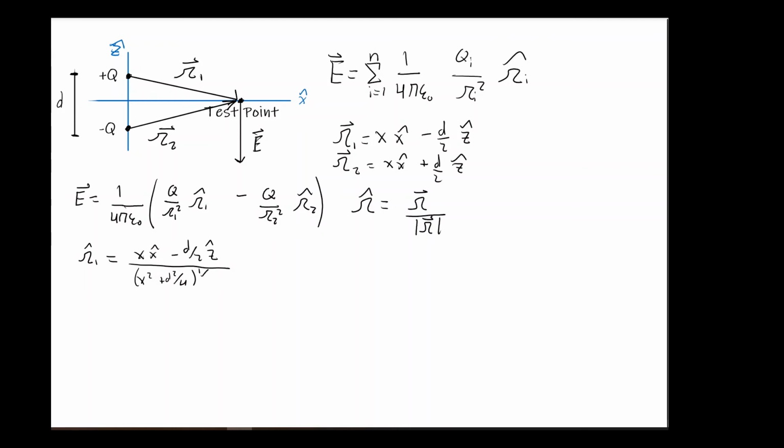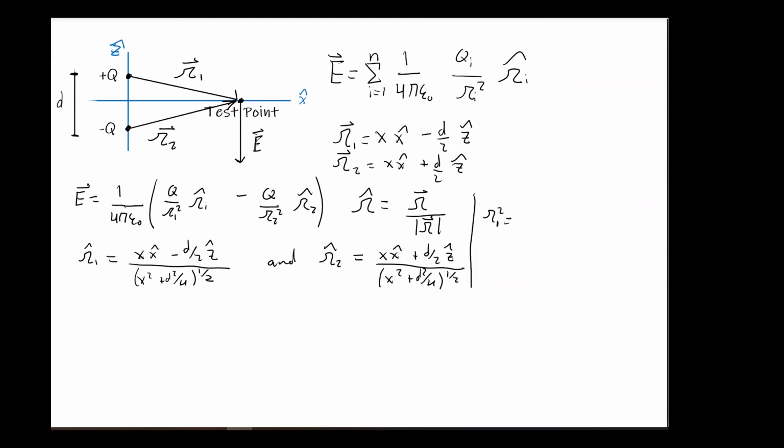And for curly r2 hat, we get x hat plus d per 2 z hat, because that is our curly r2 vector, and in the denominator it has the same magnitude, the square root of x squared plus d squared per 4. Since we already found the magnitudes of our curly r1 and curly r2 vectors, it's really easy to find the magnitude squared of both of those vectors.